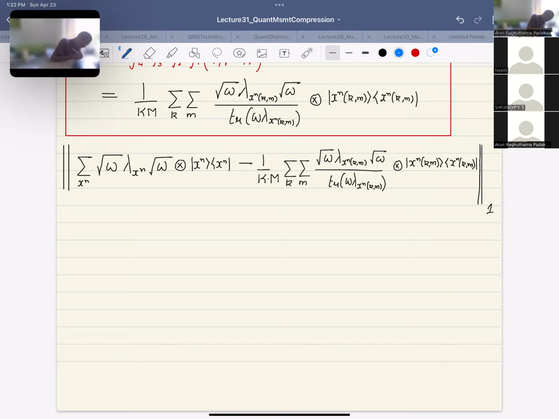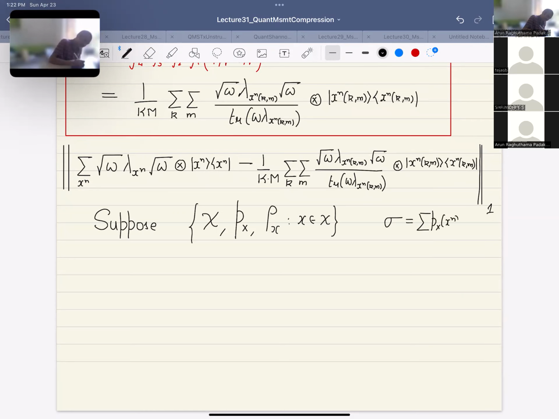Okay. So let us remember what the covering lemma says. The covering lemma says, suppose Px is a distribution. Suppose I have a set of x, I have a distribution Px, and I have a bunch of density operators sigma x, x belonging to the set. And the ensemble average sigma is the sum of Px of x sigma x. I know rho tensor n is, if I just mix all the xn guys, then I'm going to get rho tensor n. This I know.